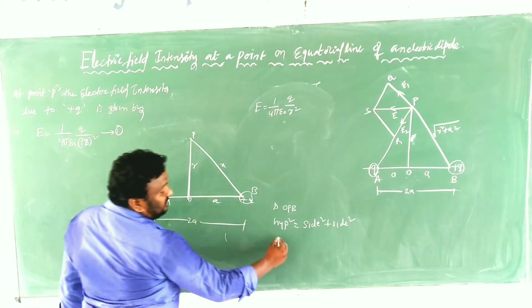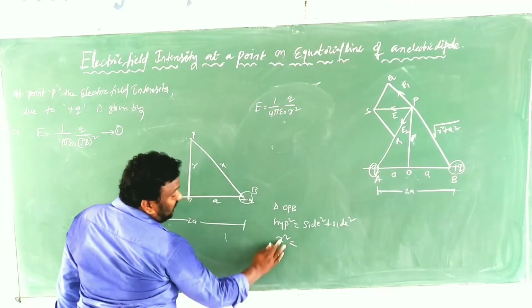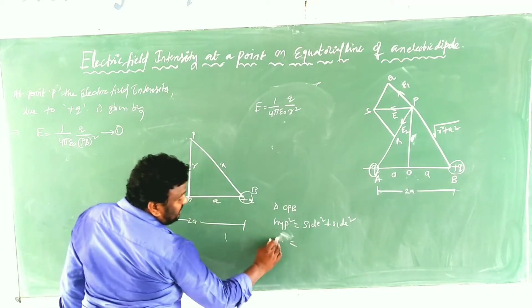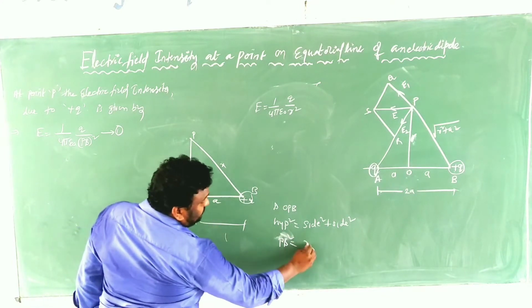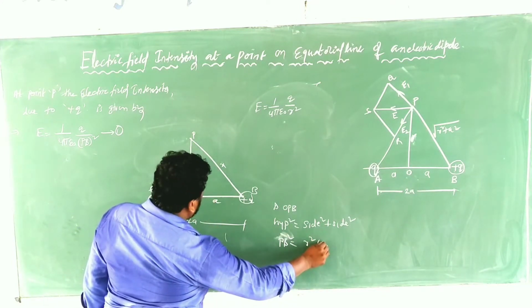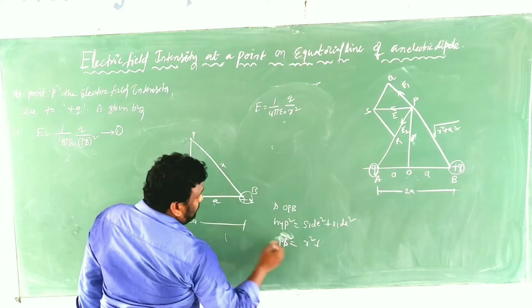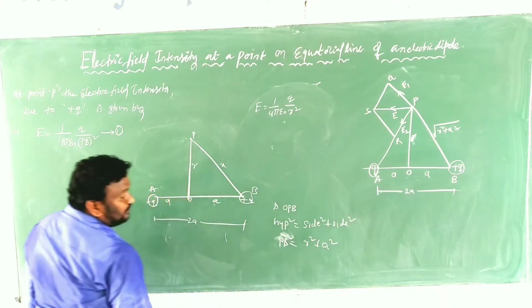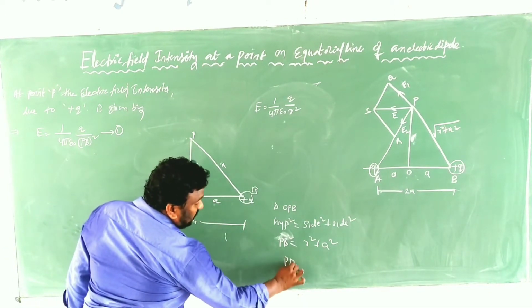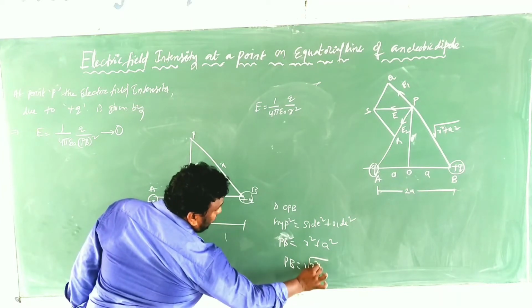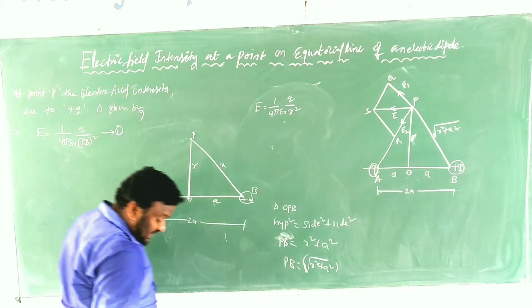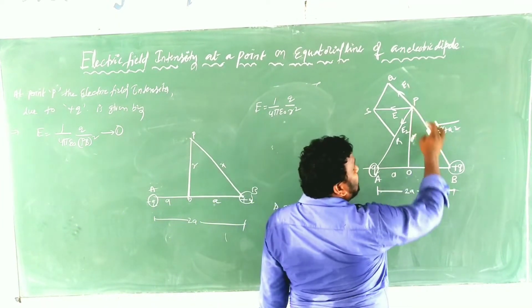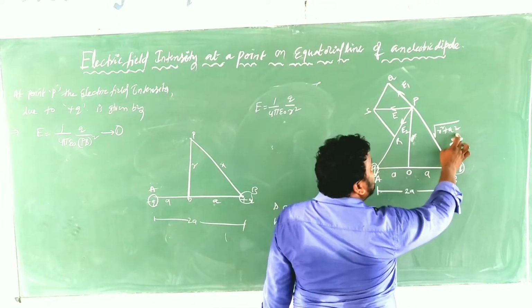PB square is equal to r square plus a square. Then PB is equal to under root of r square plus a square. So in this way, in the diagram I explained, PB is under root of r square plus a square.